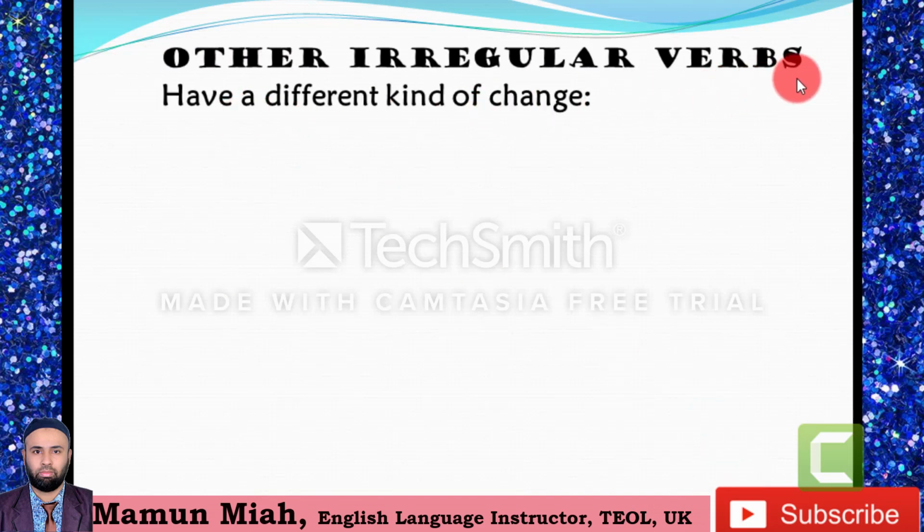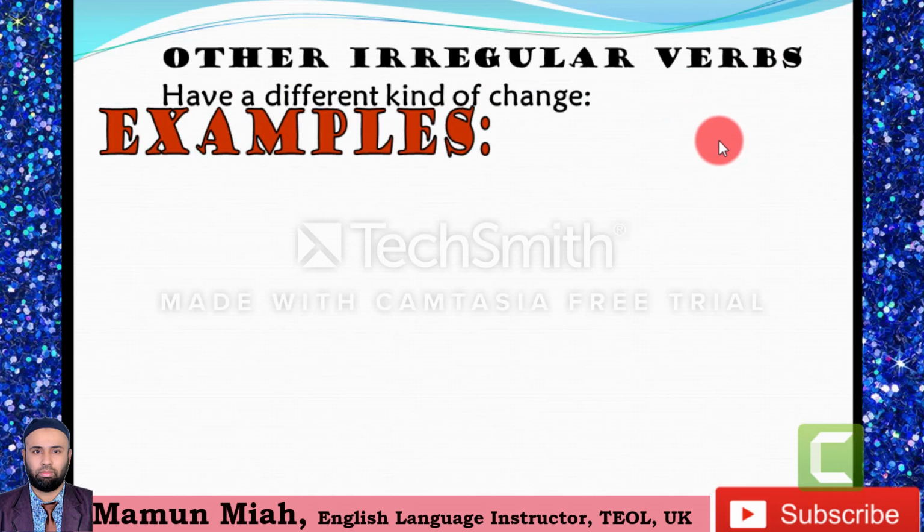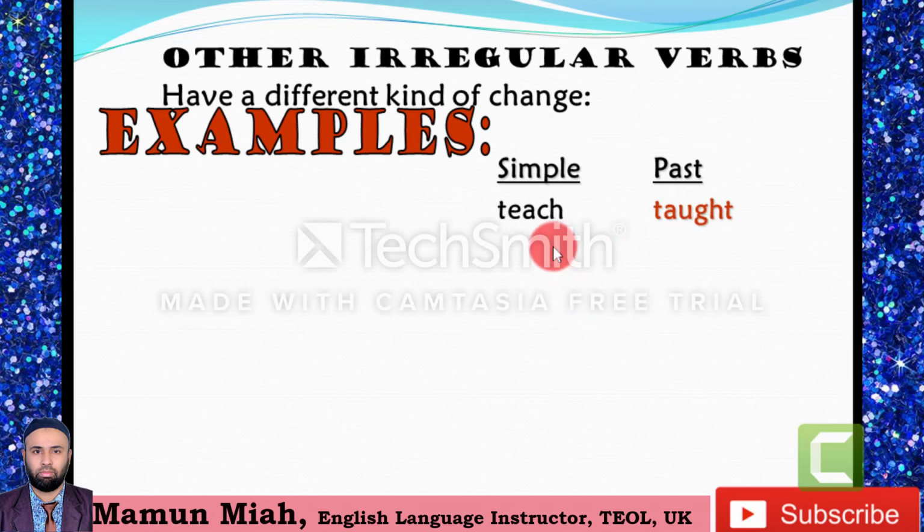Other irregular verbs have a different kind of change. For example, teach. Irregular verbs. The past form, taught. Bring, brought. Here, not only the vowel sound is different, but also the consonant sound and consonant letters.